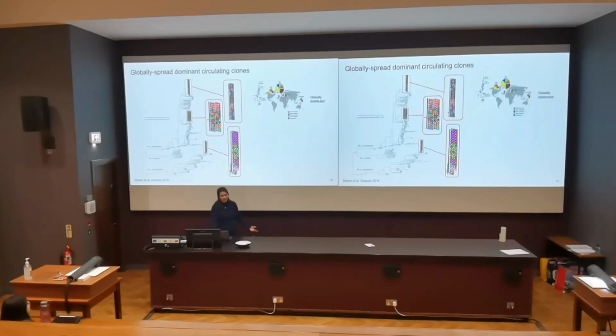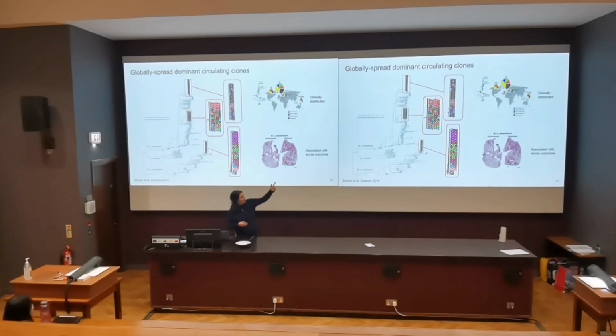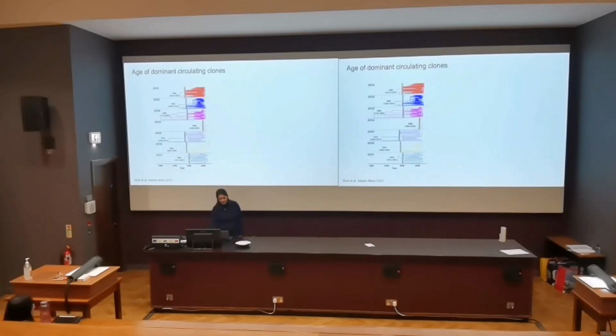And we found that these dominant circulating clones were found across all the 3 continents that we had samples from. And when we did experiments in the lab with both just cells and also mice, we found that they were more virulent. And when we looked at the clinical outcomes of patients, the clones are becoming more adapted to the disease than the rest of Mycobacterium abscessus.